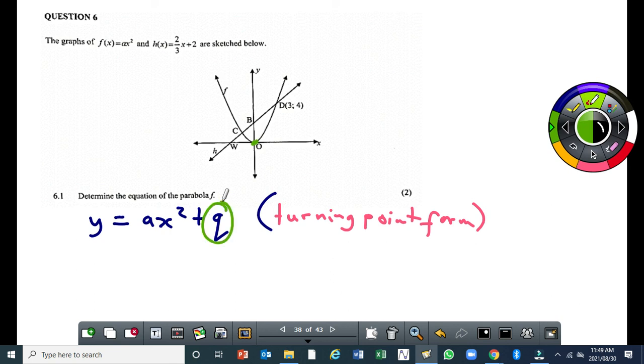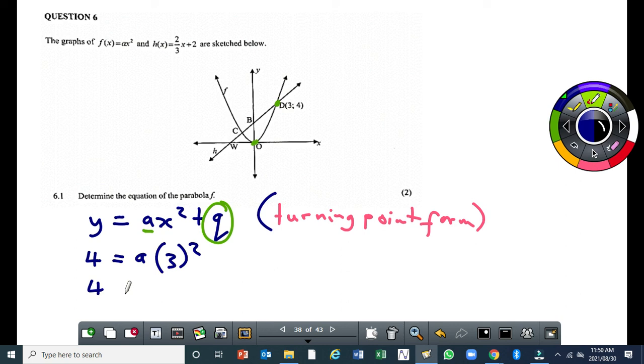So we need to calculate a. Now, to calculate a, we are going to use the coordinates of point D. If y is 4 and x is 3, we get 4 equal to 9a.